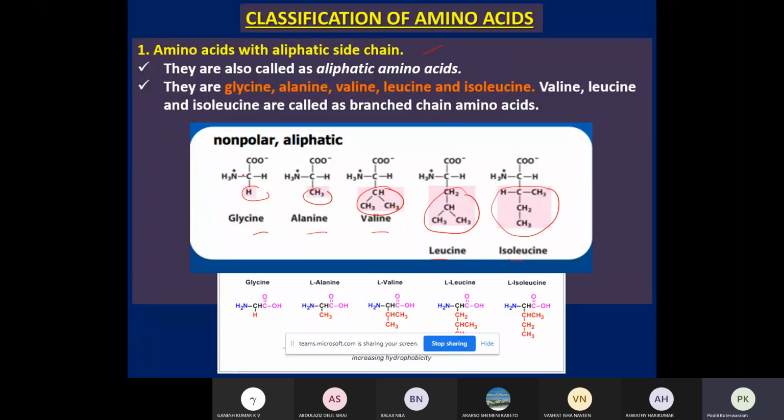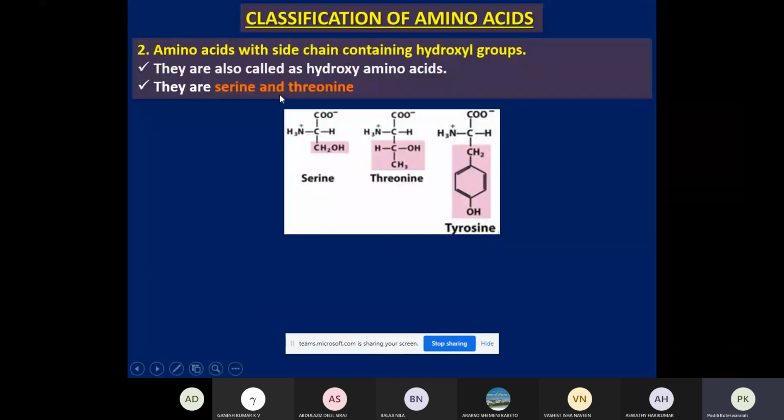It has a carboxyl group on one side, an amino group, and this is the R group, the side chain. They differ from one another only at the R group. So all these are amino acids having aliphatic side chains. The second one is the amino acids having a hydroxyl group containing side chain, for example serine, threonine, and tyrosine.